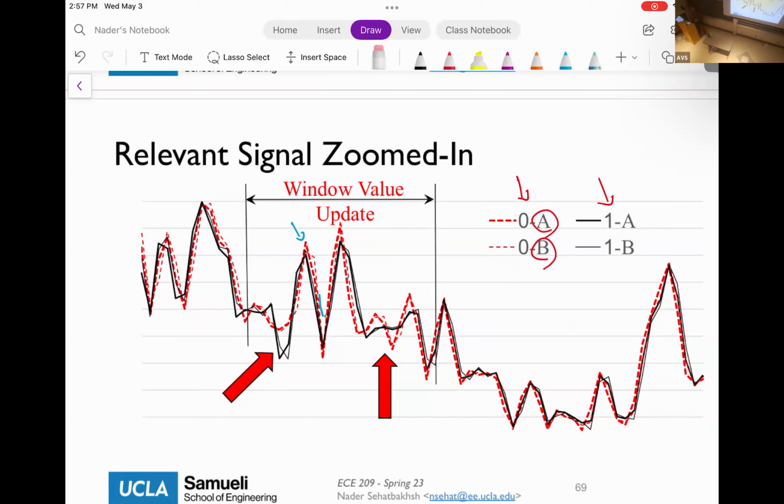So what this tells you is that I can train on device A. I take device A as my training device. I run this when the key is equal to 0, and I run this when the key is equal to 1. I get this red signal and this black signal. This is how I know which one is 0 and which one is 1.